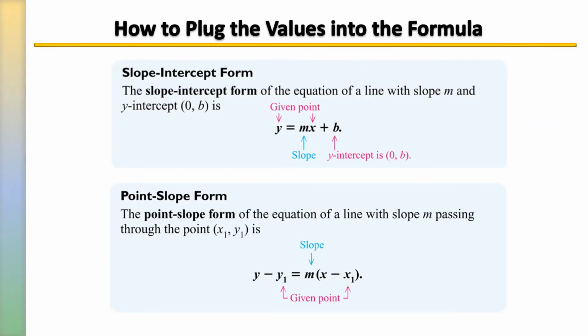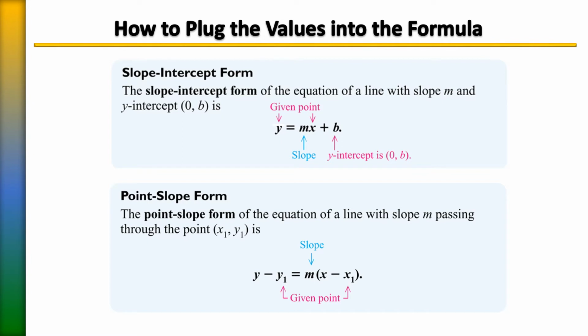Okay, so here's how to plug in those values. When you're given the slope and you're given a point, you're going to have to plug them into either one of those two formulas that we talked about. If you decide to use the slope-intercept form, whatever your y value is, you're going to plug it in y's place. Whatever your slope is, you're going to plug it in m's place.